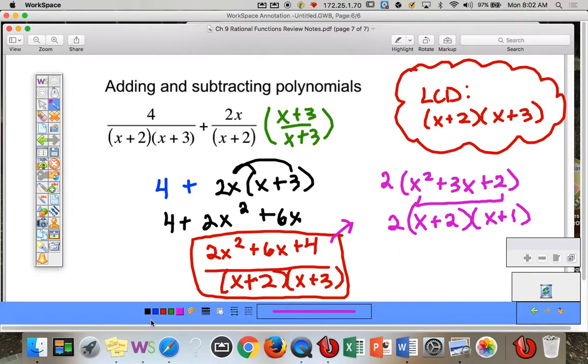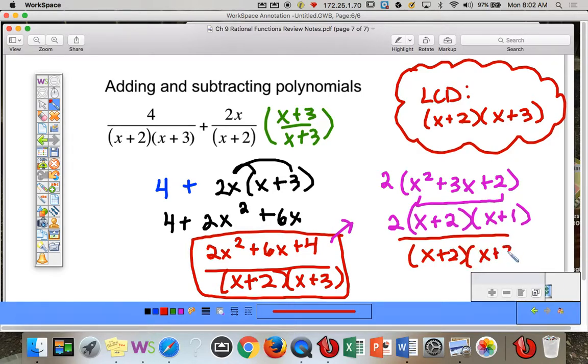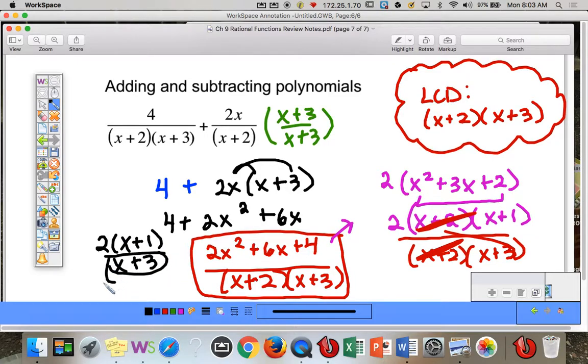So there's the top of the fraction, all over x plus 2, x plus 3. So you can cancel these guys out. So our final answer would be 2, x plus 1 over x plus 3.